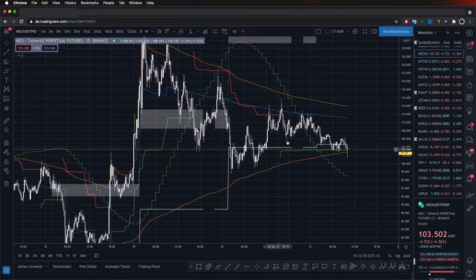We are searching for a cross, and then for a confirmation. A very nice confirmation is when we are in a bullish momentum and the price hits this 15 minutes buyer line again. This is like our perfect signal.